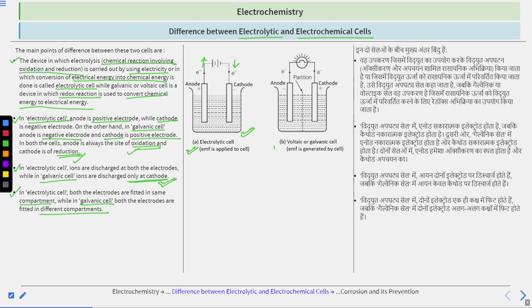While in the voltaic or galvanic cell, the negative electrode is the anode, the positive electrode is the cathode, and the electron is flowing in this direction, and there is a partition of compartments between the electrodes, right? So both electrodes are in different compartments. These are the main major differences between the electrolytic and galvanic cell.